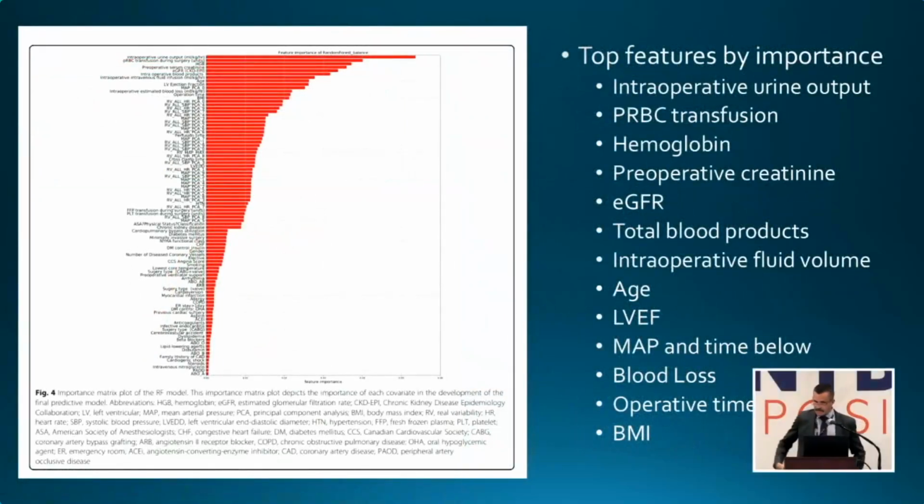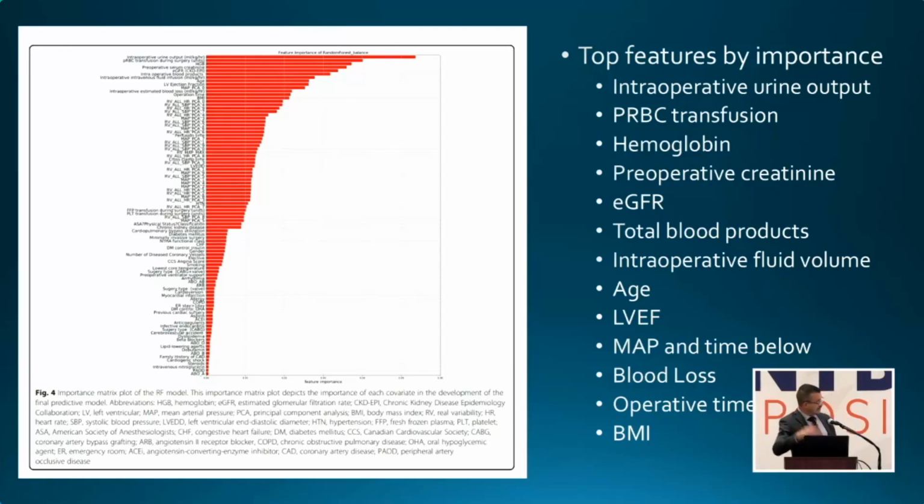One of the interesting features, for a quality improvement nerd like myself, is the ability for machine learning to give us what we call ranking of importance, or importance features.